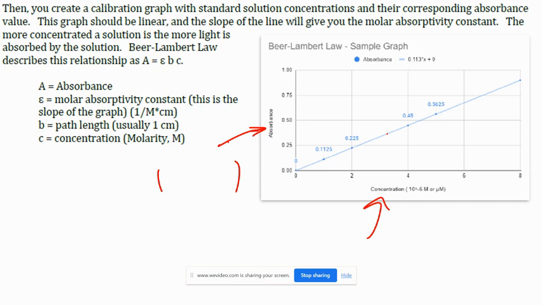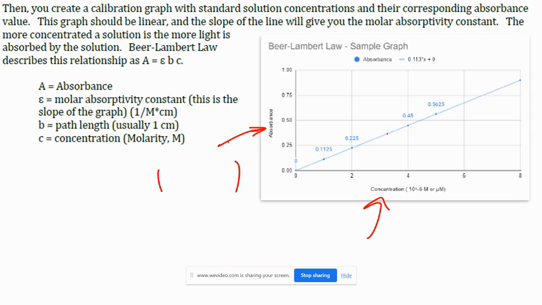Now, what Beer-Lambert's law says is that you can figure out the absorbance if you multiply these three things together. Okay? The molar absorbance constant, that is going to be the slope of your line.